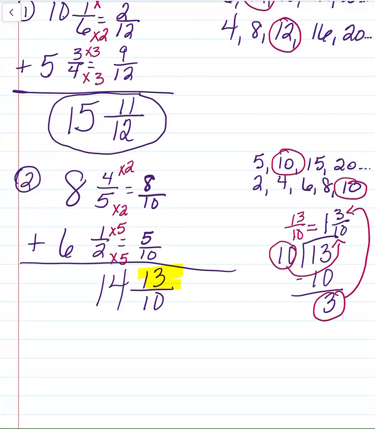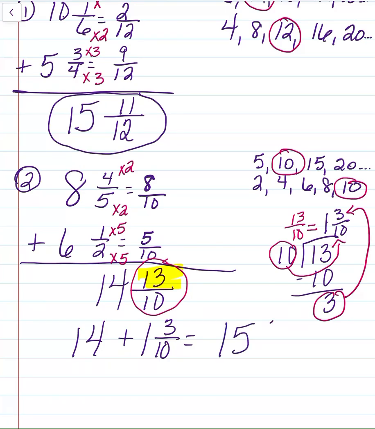So we have to change this 13/10 to 1 3/10. So we have 14 wholes, and that 13/10 is equivalent to 1 3/10. So we have to add that together to give us our answer, 15 3/10. And that's our answer. So that's how you add fractions.